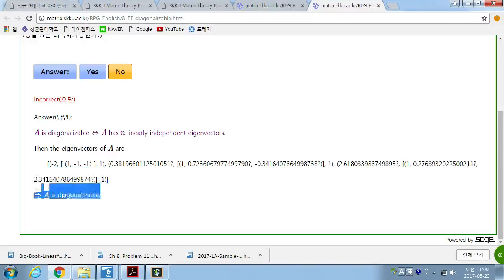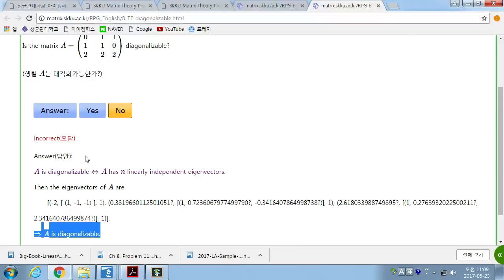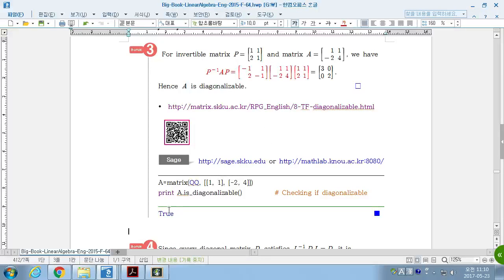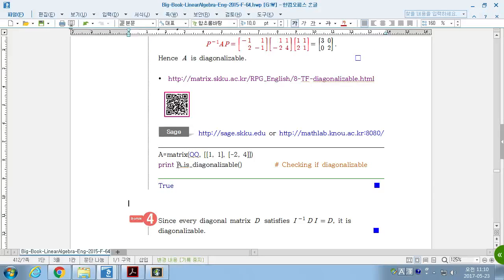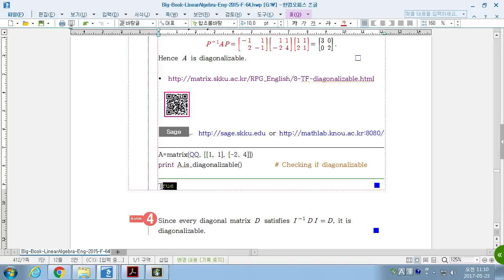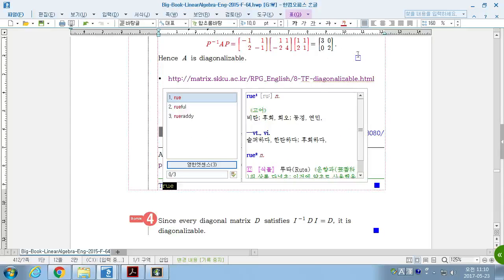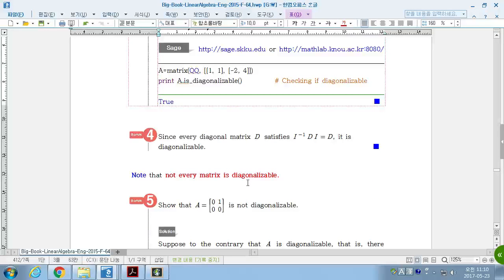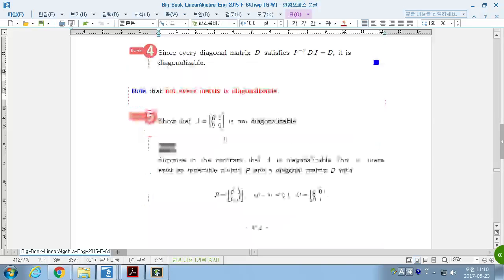So it is diagonalizable. In this section, 8.T, we're going to learn the criteria to check whether a given matrix is diagonalizable or not. When I ask it, it says it's true, it is diagonalizable, like what you saw here. So we can easily check it if we know the criteria to be a diagonalizable matrix. Then we can easily write code to check whether the given matrix is diagonalizable or not.